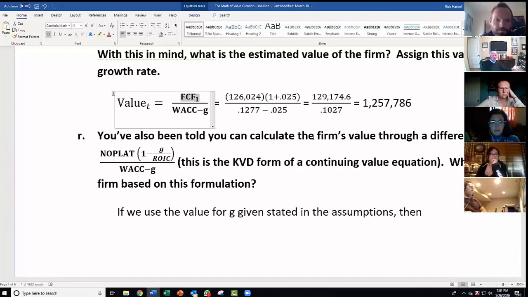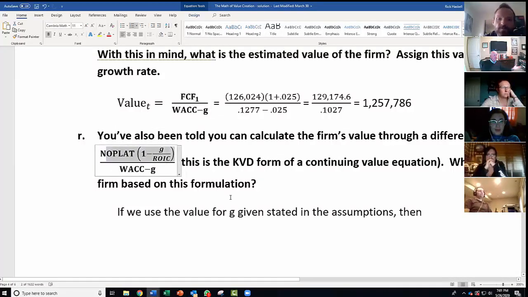That's one of the equational definitions of free cash flow, and it happens to be the key value driver definition. We only use that definition when, A, you're told to, B, you're motivating the key value driver equation, or C, you're using a valuation multiple. None of those are active here other than that you were told to use it. It's just a form of free cash flow.